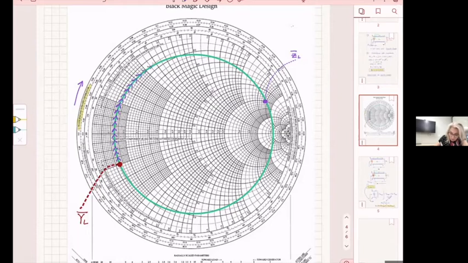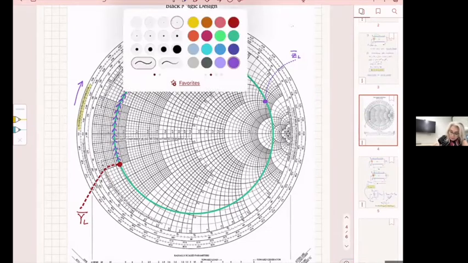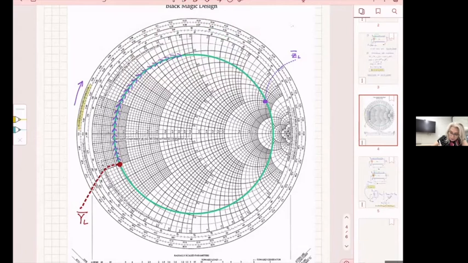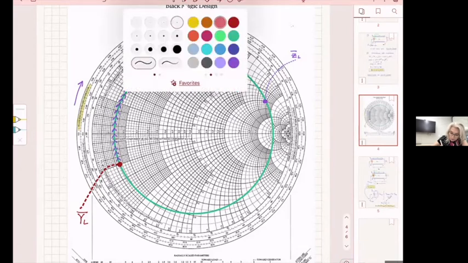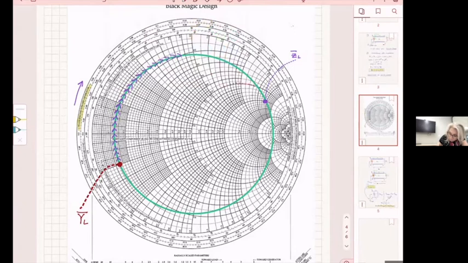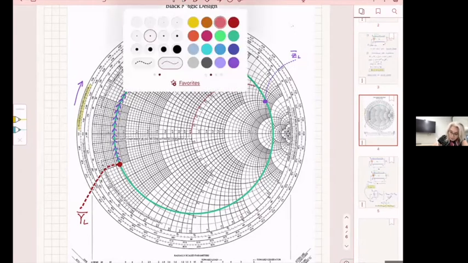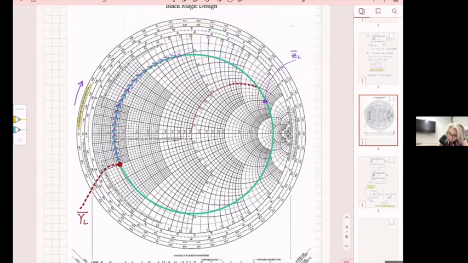I'm traveling quite a bit because this circle that goes through 1, I'm going to draw it for you, is this one. That's the circle. Let me do it a little darker, a little thicker. That's the circle where the normalized real part is 1.